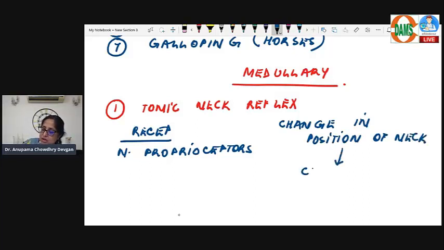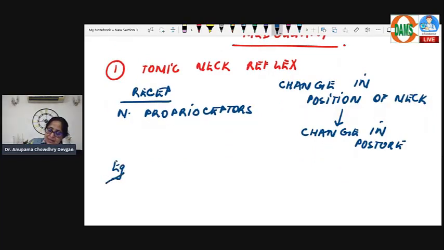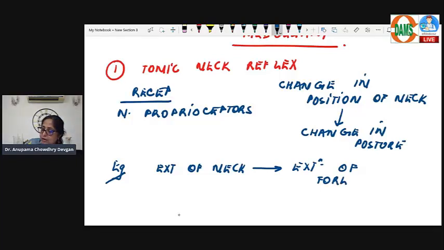Change in position of the neck causes a change in posture. For example, extension of the neck will cause an extension of the forelimbs and flexion of the hind limbs.